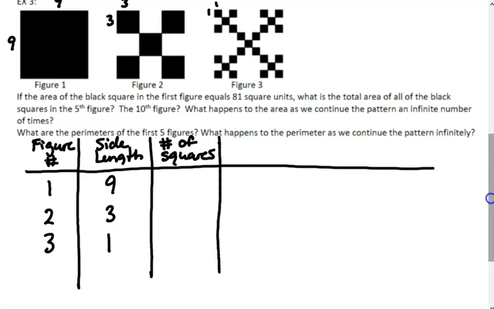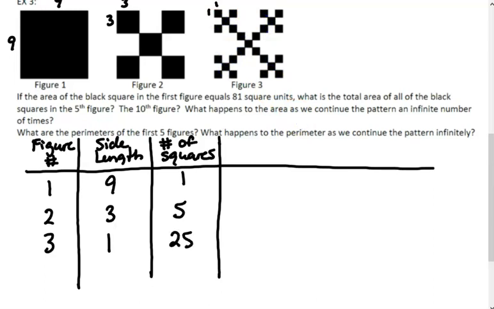The side length for figure number 3 is 1. The next thing I want to put in is the number of squares in the figure. So figure 1 has 1 square. Figure 2 has 5 squares. Figure 3 has 5 times 5. Each of the 5 squares is divided into 5 smaller squares, so this is 25 squares.